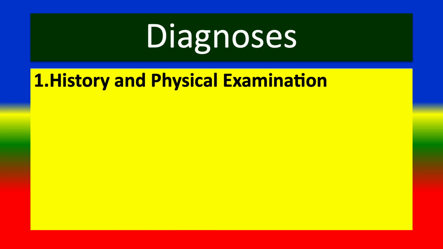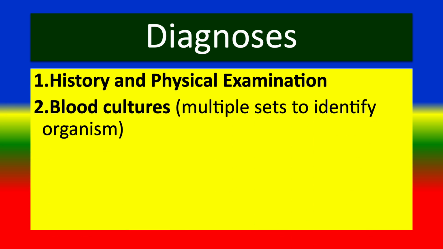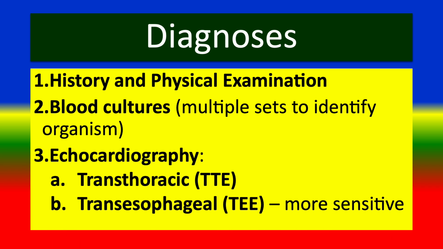Diagnosis: 1. History and physical examination. 2. Blood culture, multiple sets to identify the organism. 3. Echocardiography. A. Transthoracic, TTE.